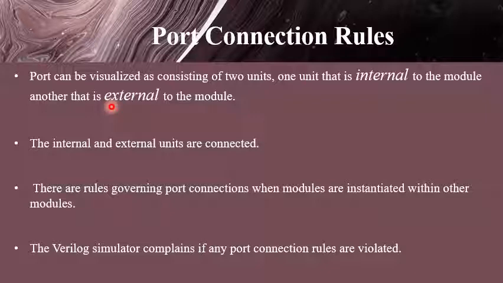Any port or signal that you use while realizing a circuit has an internal perception as well as an external one. These internal and external units are to be connected, and there are rules governing these port connections when modules are instantiated within other modules.